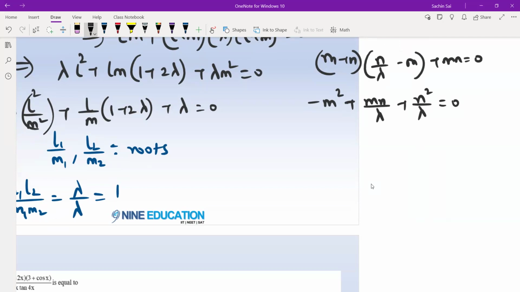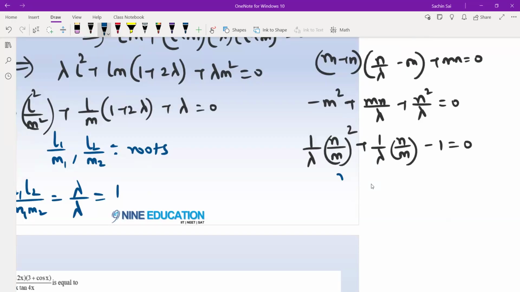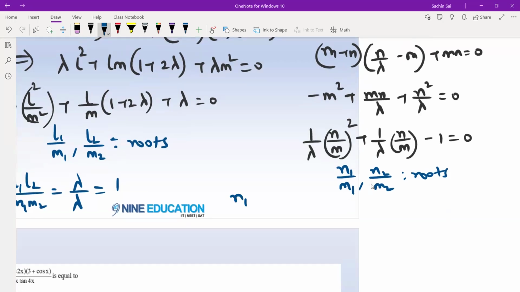Then I will get 1 by lambda times (n by m) whole square plus 1 by lambda times n by m minus 1 equals 0. Similarly, n1 by m1 and n2 by m2 are the roots of this equation. So what is their product, n1 n2 upon m1 m2? This will be minus 1 divided by 1 by lambda, that is minus lambda.